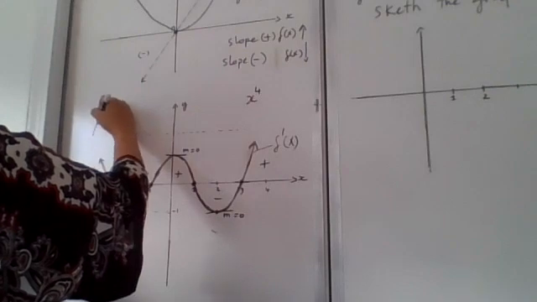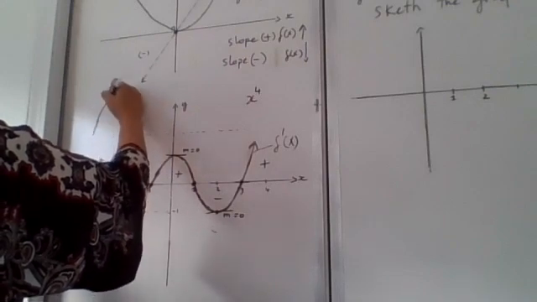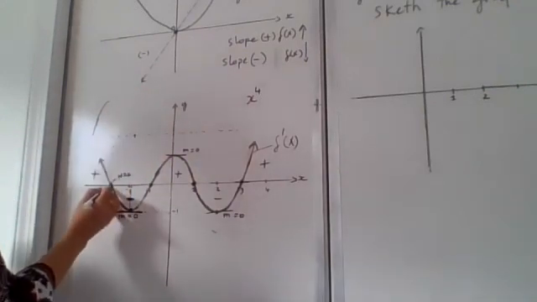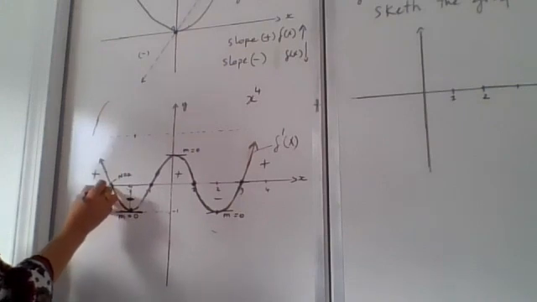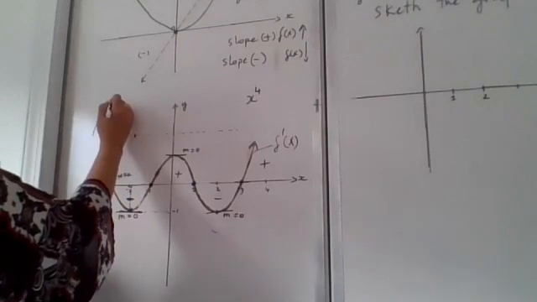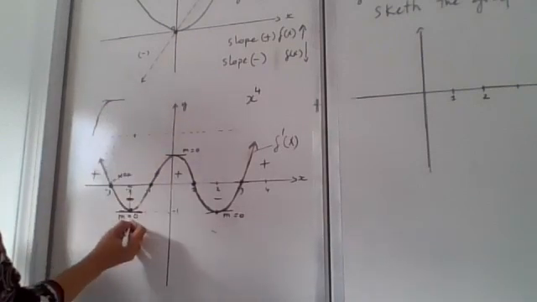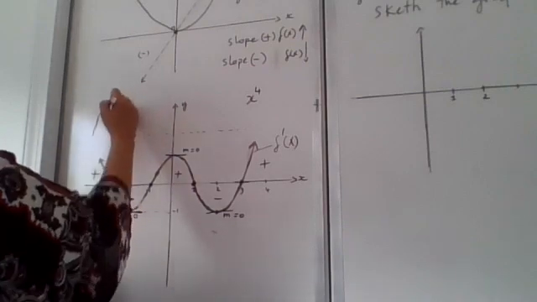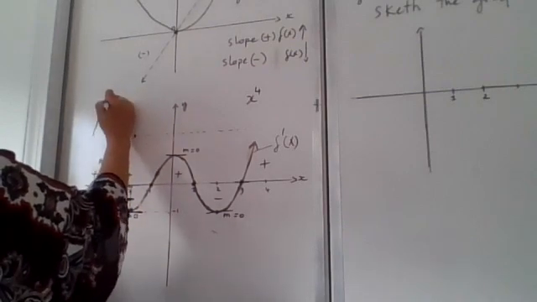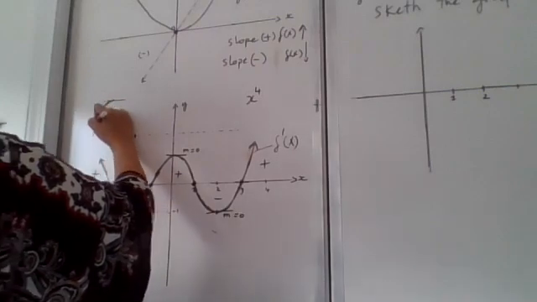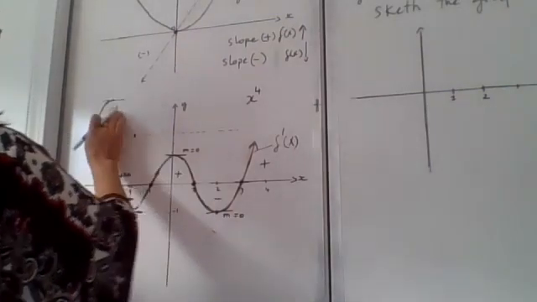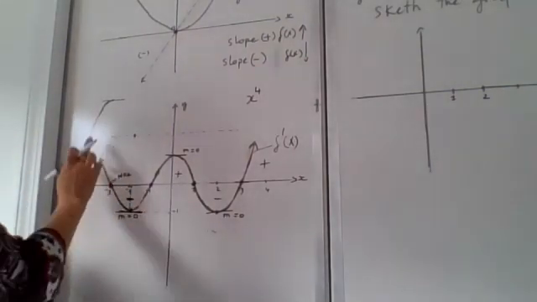So for sure, at the point zero here, the slope is zero, then my function will have a maximum with a horizontal tangent, just like this one here. So I know that at this point, my sketched function is increasing.